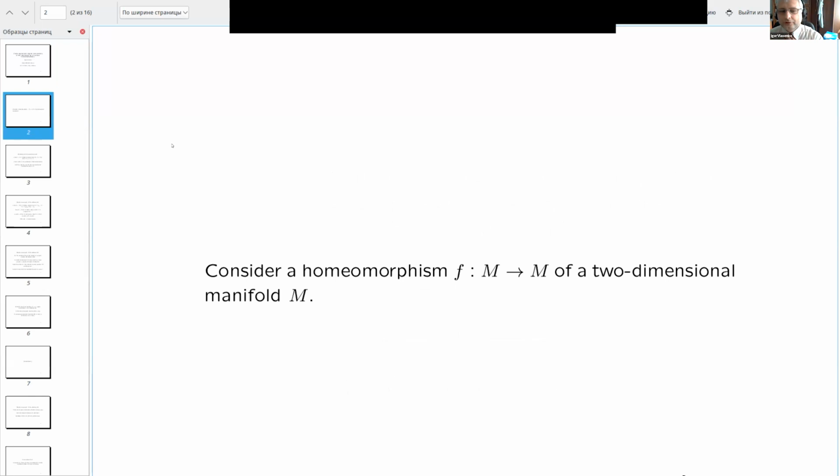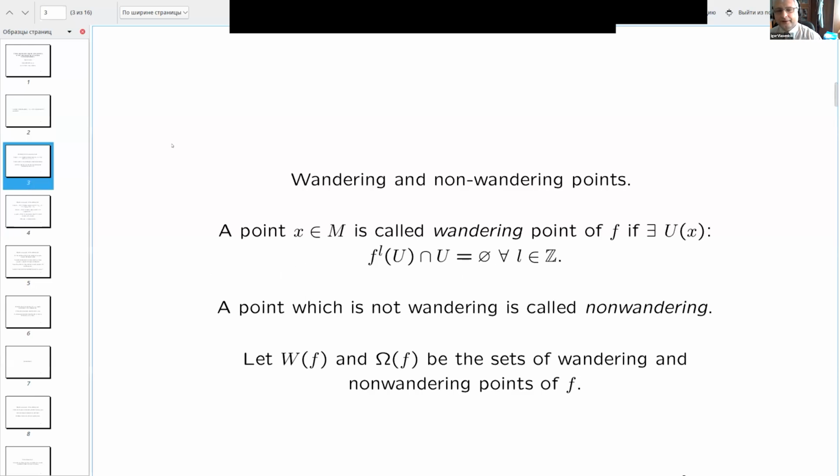My topic is related to the very old classic results of Birkhoff that are related to the wandering set. I recall that if we have a homeomorphism of a surface, then we can define naturally wandering and non-wandering points.